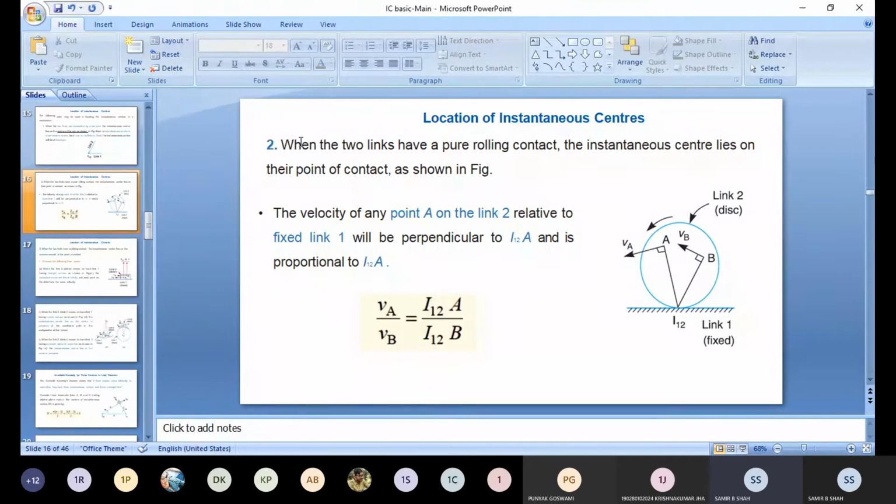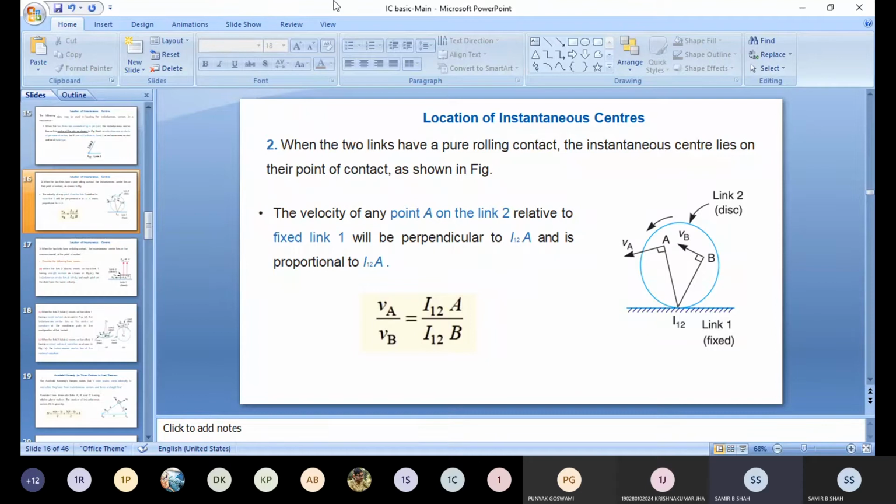Or sometimes it is not described in the data, but it is explained in the figure. So you should be ready with both kinds of scenario. When the two links have pure rolling contact, the I center lies on their point of contact.